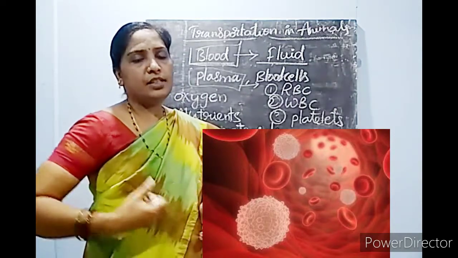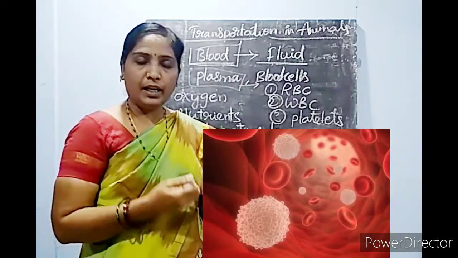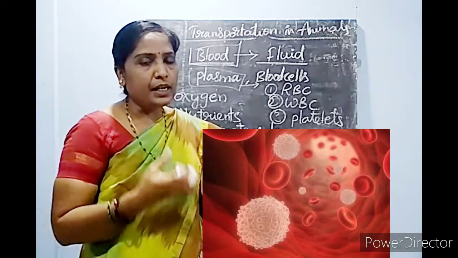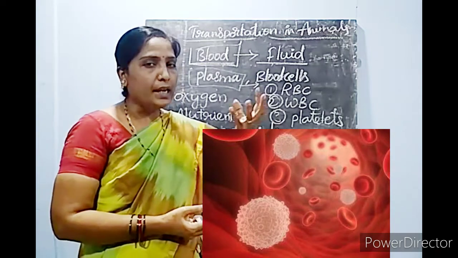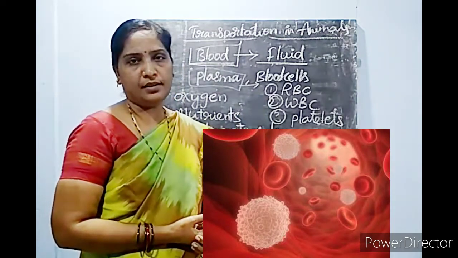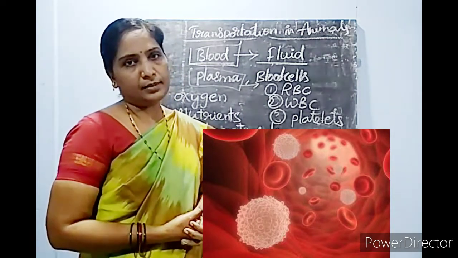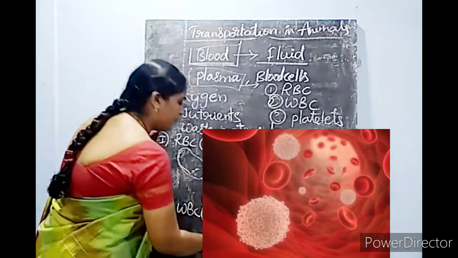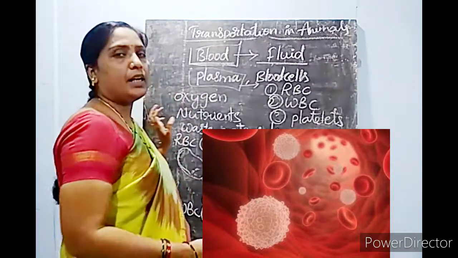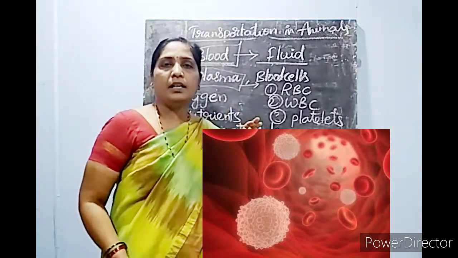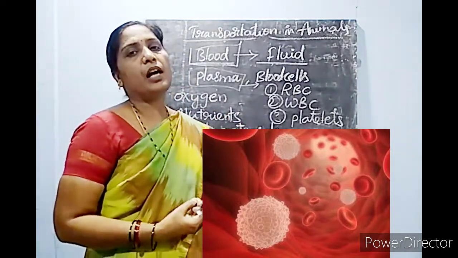Okay, they'll change their shape, and the main important function the white blood cells are doing is they engulf the foreign particles. Foreign particles means any germs like bacteria, virus or any harmful organisms.